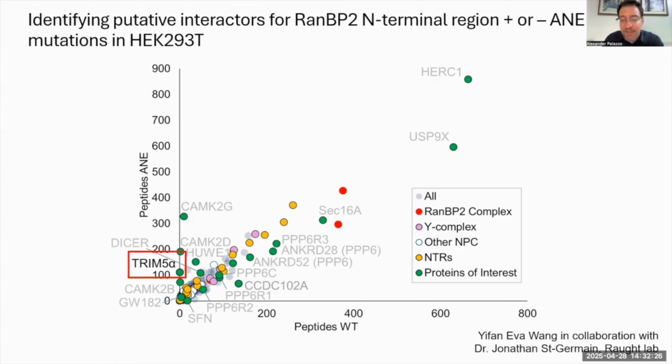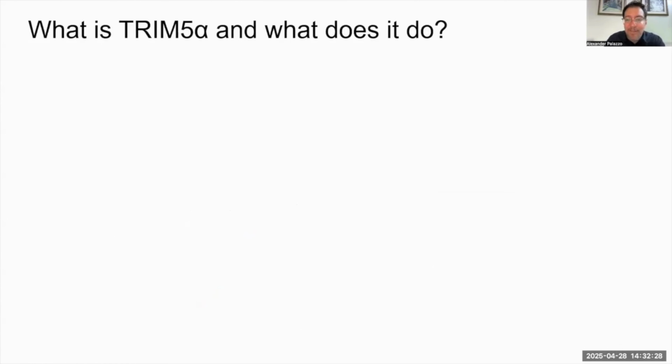So TRIM5 alpha is extremely interesting because previously TRIM5 alpha has been linked to viral infections. So it seems to be a factor that the cells make that's called a restriction factor that actively inhibits the reproduction of viruses. Now, in the case of TRIM5 alpha, its best documented activity is actually against the HIV virus.